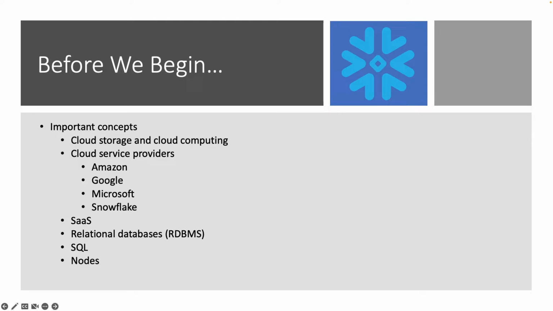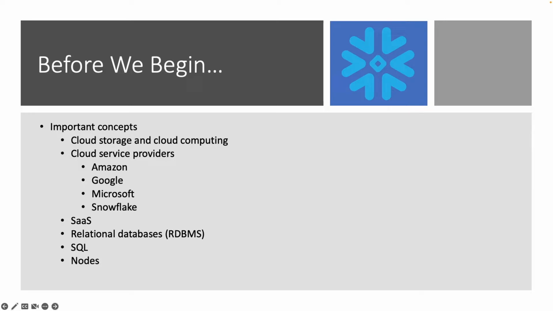And that data is managed elsewhere rather than on premise. Examples of cloud service providers that are more familiar these days are Amazon, Google, Microsoft. They're the 3 big ones, and also, as we'll be discussing today, Snowflake.